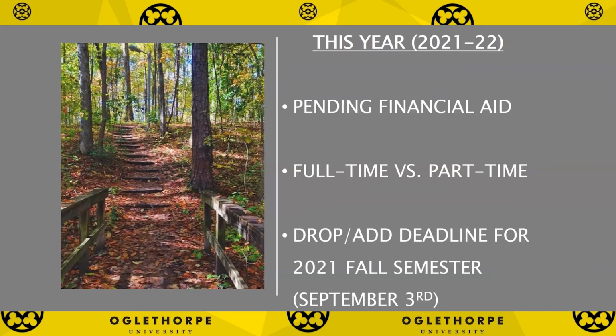And the drop/add period ends at 5 p.m. on September the 3rd. From that point forward, the schedule that's on your record is going to essentially drive your tuition and fee charges. And it's also going to be the number of hours that you're attempting for the fall semester. So understand that you can make changes on your schedule until 5 p.m. on September 3rd. And at that point, your schedule becomes a bit more concrete.